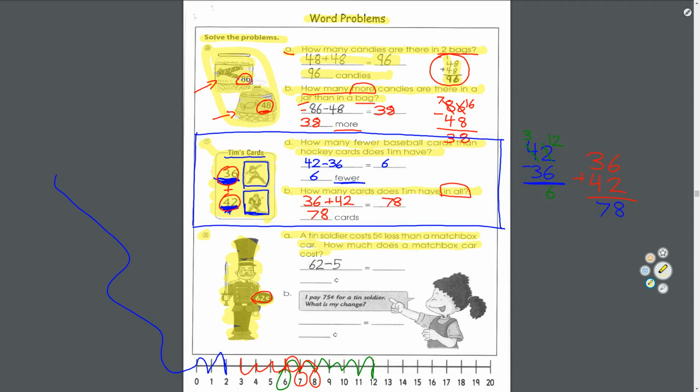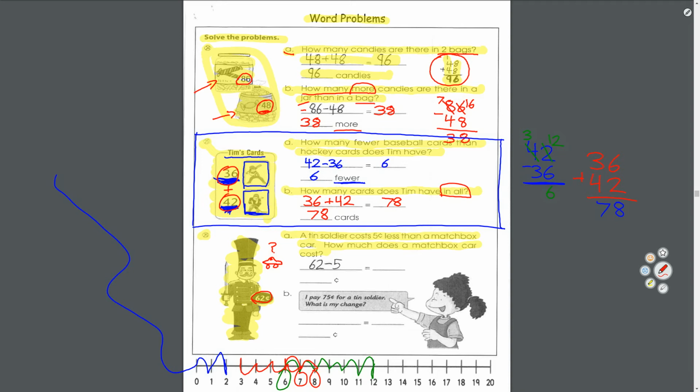Okay, so they didn't show us the Matchbox car. A Matchbox car is one of those little tiny cars that you can play with. You drive it around. We don't know how much it costs, but we can figure it out by reading the question.